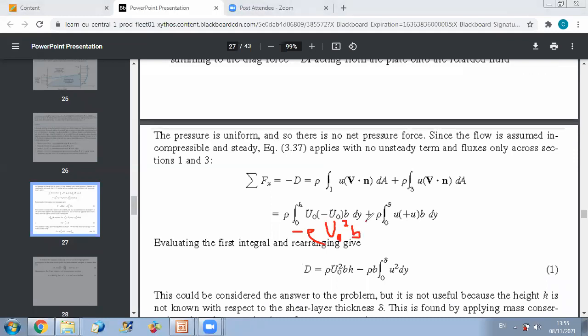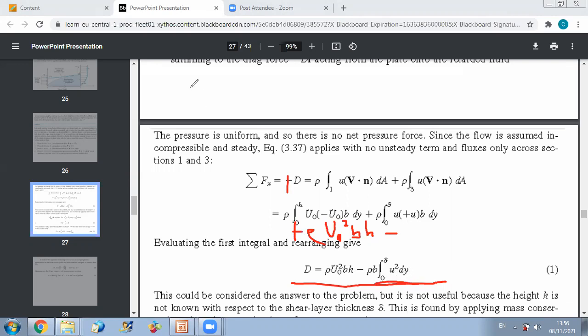And then we can obtain an expression for the drag force, because here you have minus d, so to get plus d, you do plus rho u0 square bh minus rho b integral from 0 to delta of u squared dy. Okay, now the next step is to say how to compute this term.